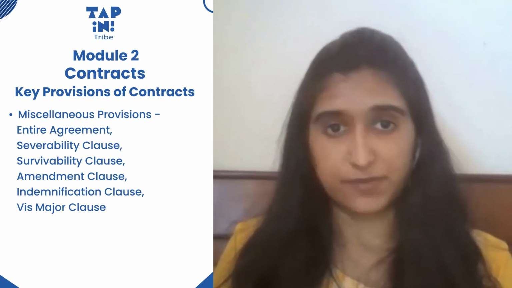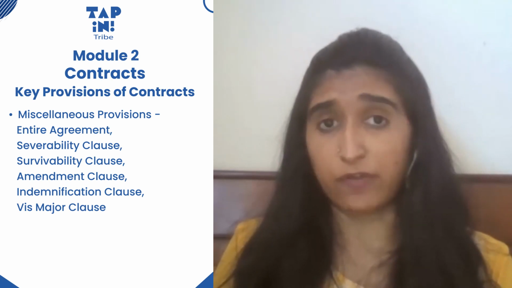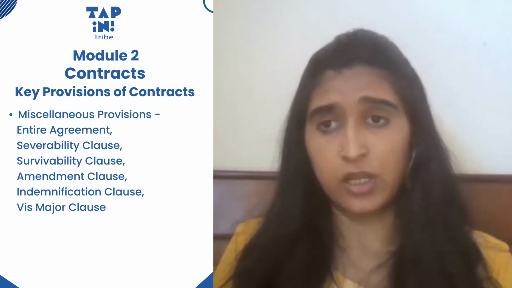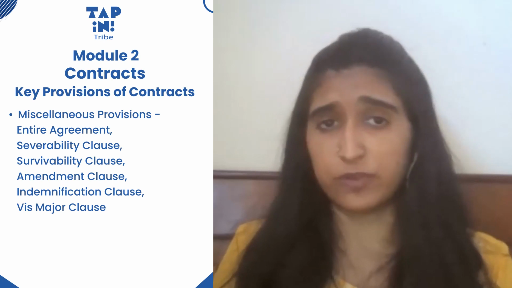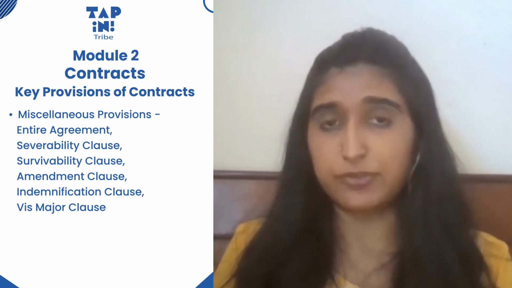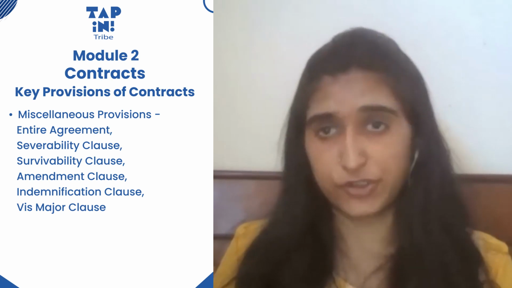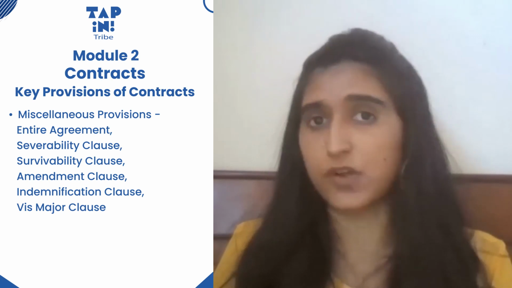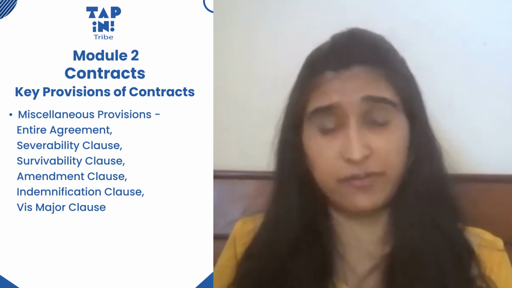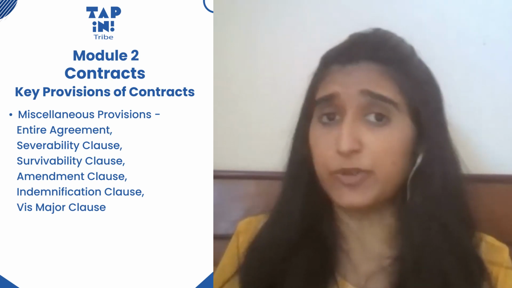Now, what would you need this for, right? For instance, if you remember your confidentiality provision, what would ideally happen is that for the duration of this contract, you're saying that this party is required to keep your information confidential. But you don't want to limit it to only the duration of the contract, right? Because at some point this contract might end, it may not continue indefinitely. And even after that, you want your confidential information to be protected.